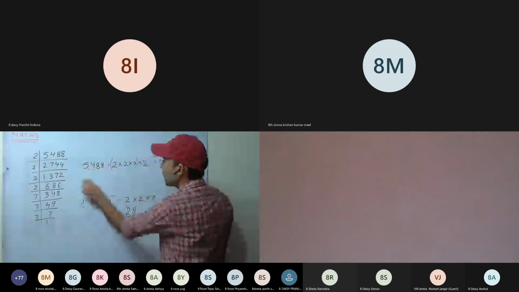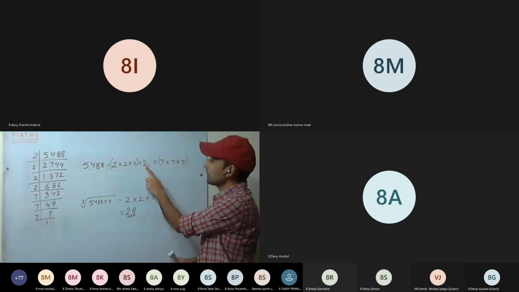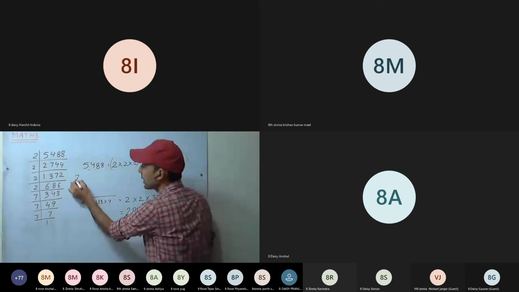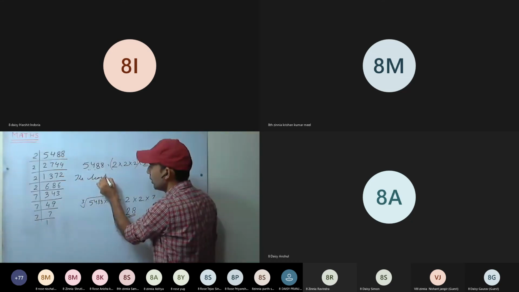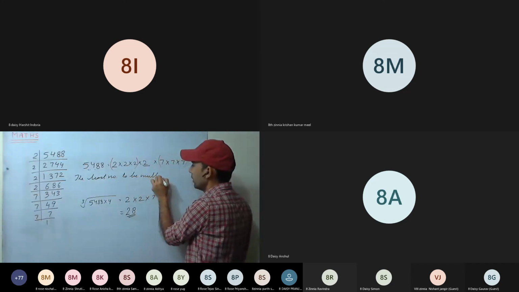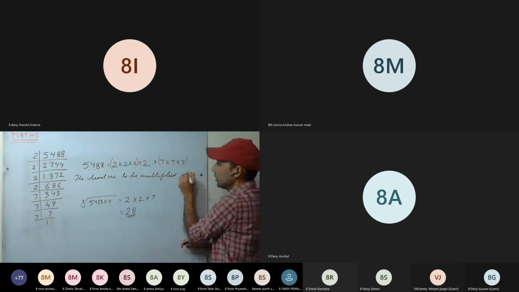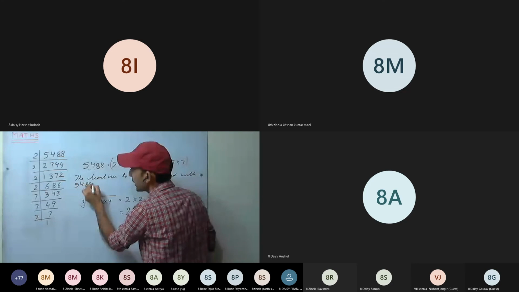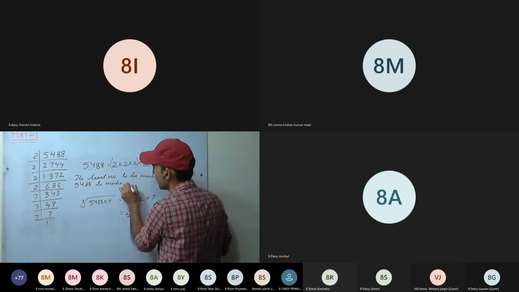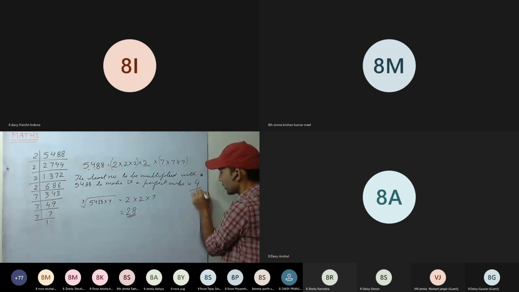Okay. Now see here. You've done it like this. Now you can see only one 2 is there. It must be multiplied by 2 into 2. So the least number to be multiplied with 5488 to make it a perfect cube is 4.